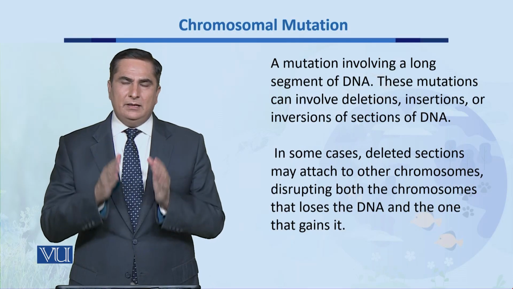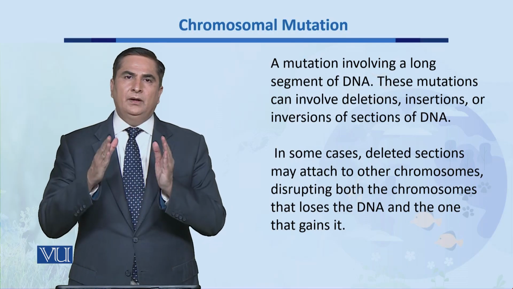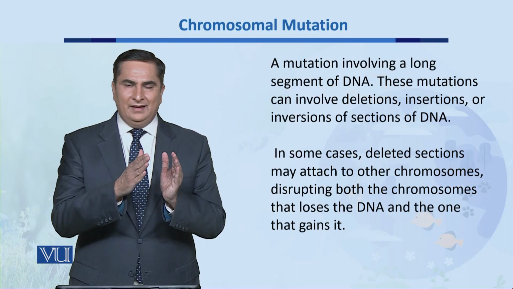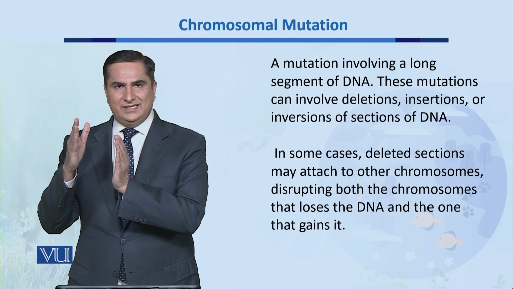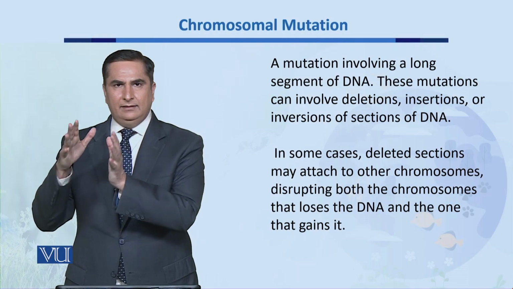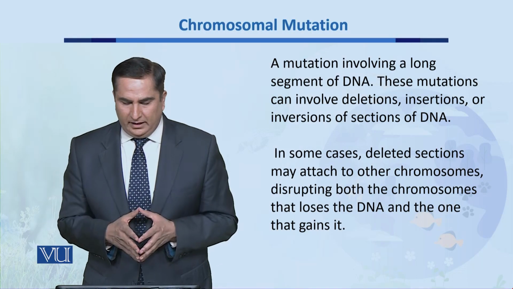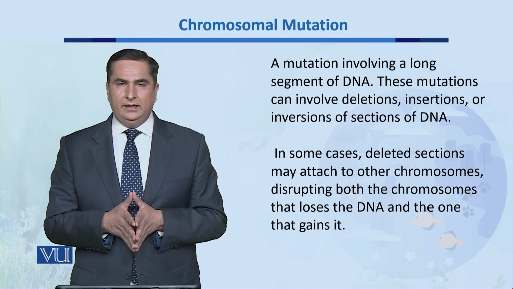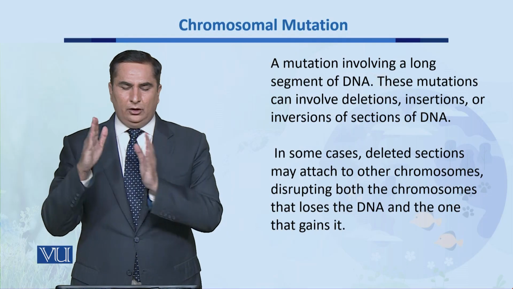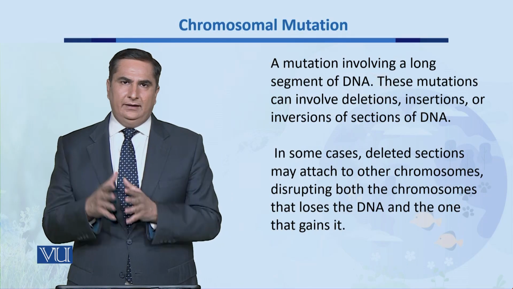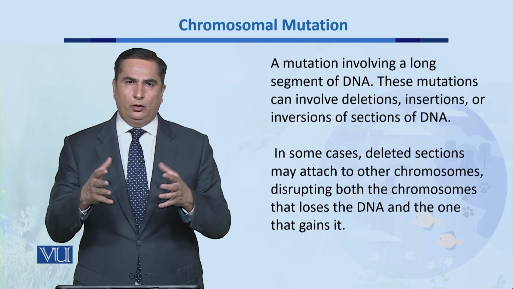Now, in some cases, the deleted section of a chromosome may attach to another chromosome, and it becomes an addition in that gamete or that individual. It also disrupts both the chromosome that loses the DNA and the chromosome which gained it. So it disrupts the function of both chromosomes.